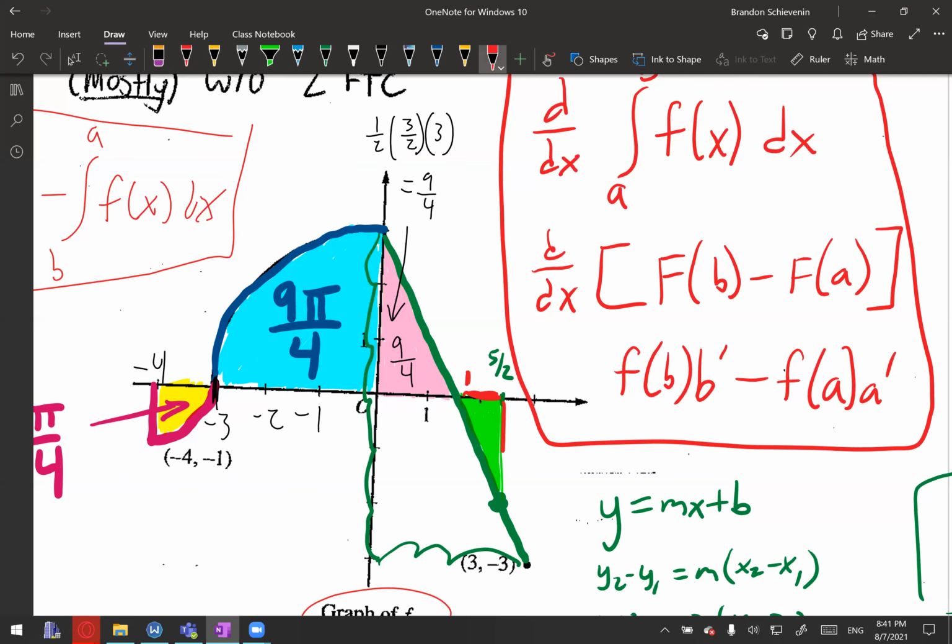How much is this side? 2? Okay, so my area is 1. We're above the curve. Oh, right. So it's -1. Right. Okay, so that was 1/2 of 1 times -2, which is -1.